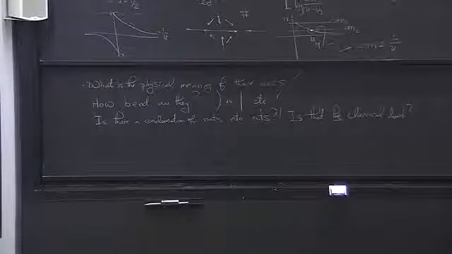So let U1 be the root with the biggest imaginary part. Okay. So it has some imaginary part, so u1 is equal to u plus I eta, where this eta is positive, and it's the biggest imaginary part of all the roots.